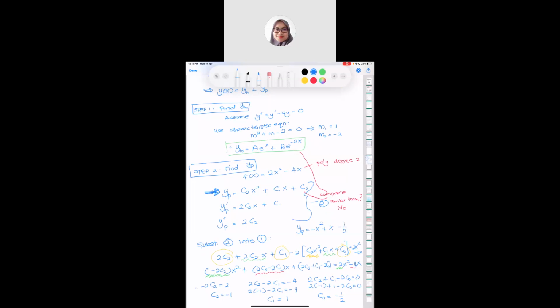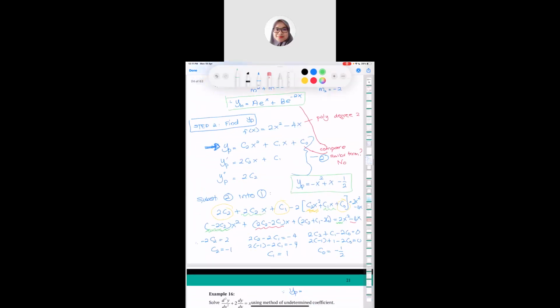Okay, so this is your YP. Okay, so dah ada YH, dah ada YP, kita boleh tulis kita punya YX. Okay, therefore YX equal to YH is AEX plus BE negative 2X minus X squared plus X minus half. Okay, tambah dengan YP. So this is our solution for non-homogeneous equation.